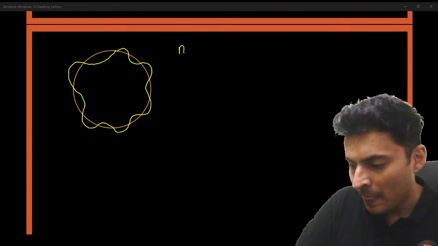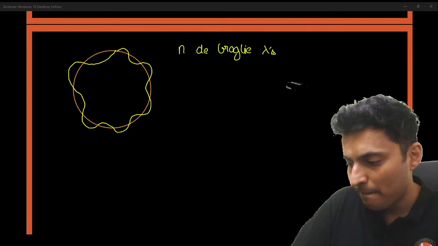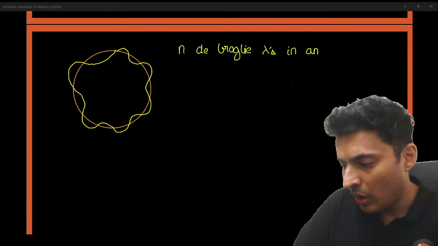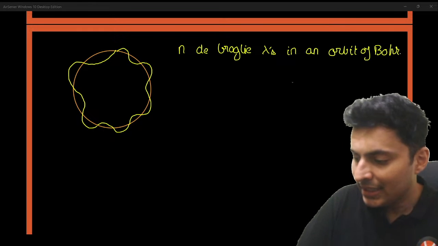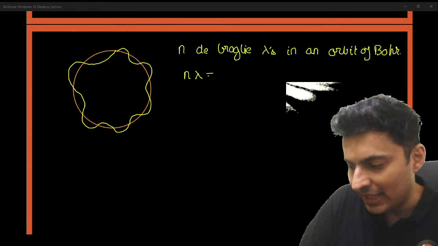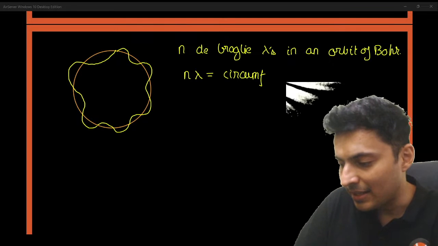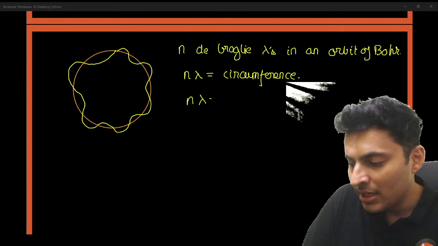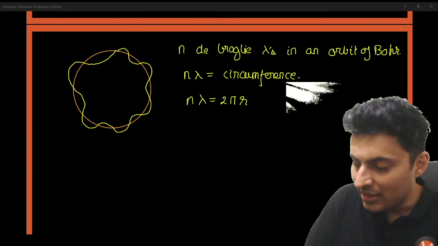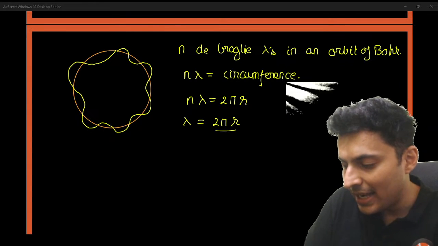If there are n de Broglie wavelengths in an orbit of Bohr, then n times wavelength is the circumference. This is very, very important. So n lambda is equal to 2 pi r. This leads us to lambda is equal to 2 pi r by n.